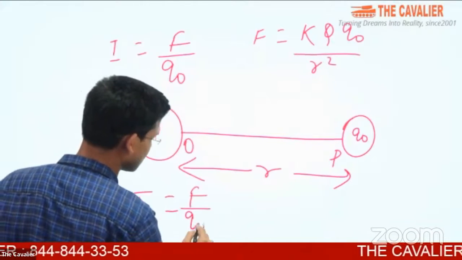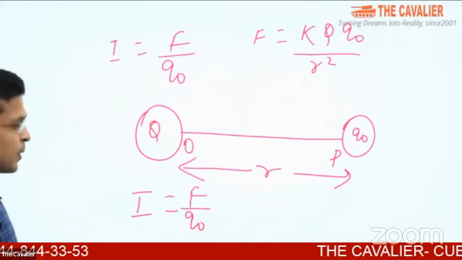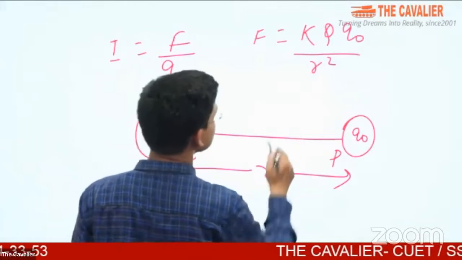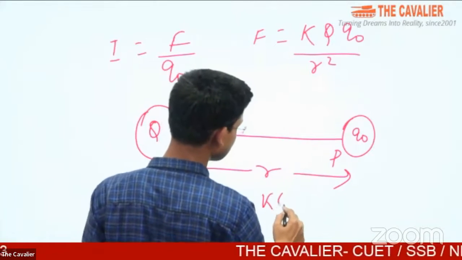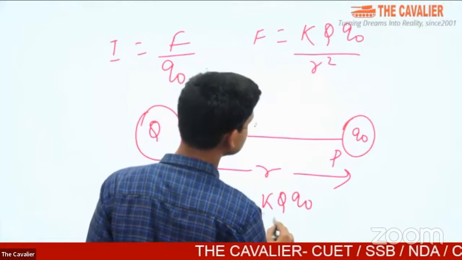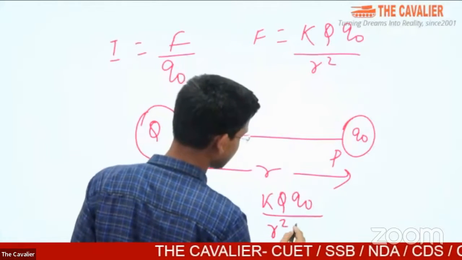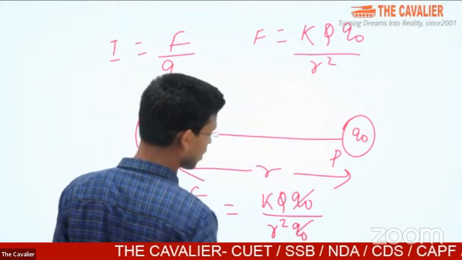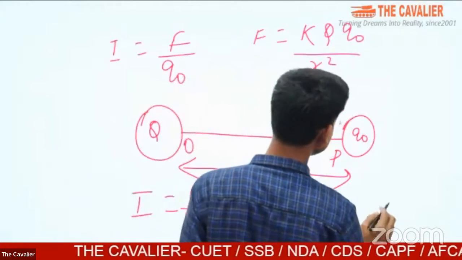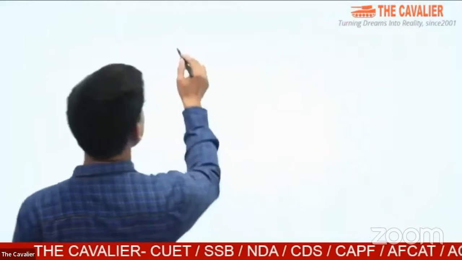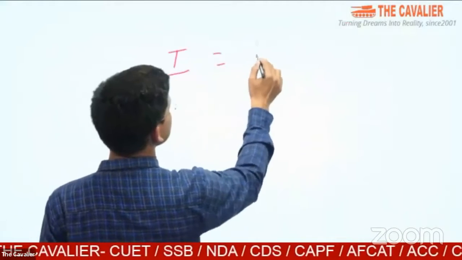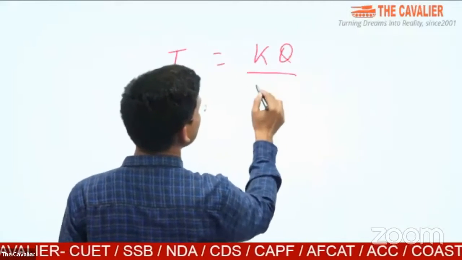I have already told you, force experienced by unit positive charge. Now substitute this value: K Q Q naught upon R square, and this is Q naught. This will be cancelled out. That means intensity will be I equal to K Q by R square.